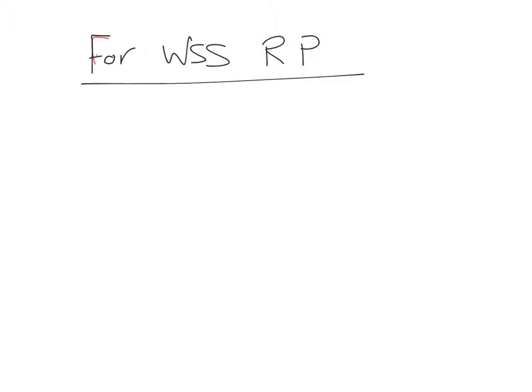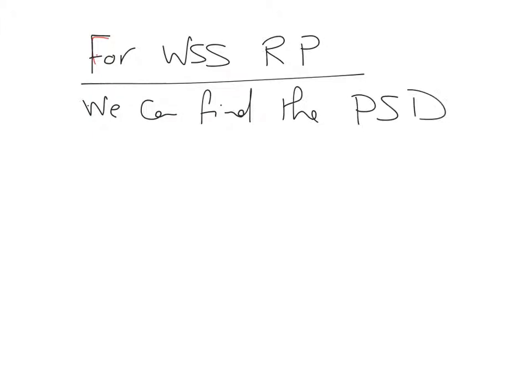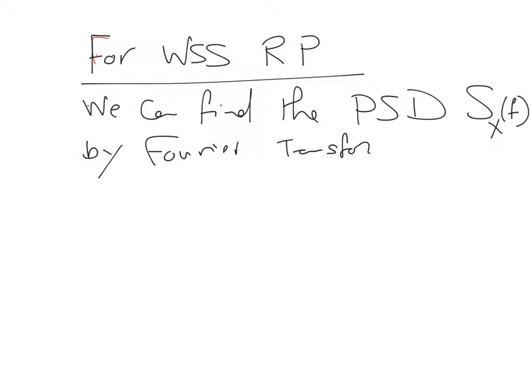The last thing that we studied was that for a wide-sense stationary random process, we can find the power spectral density of the random process, call it Sx of f, by the Fourier transform of Rx of tau.